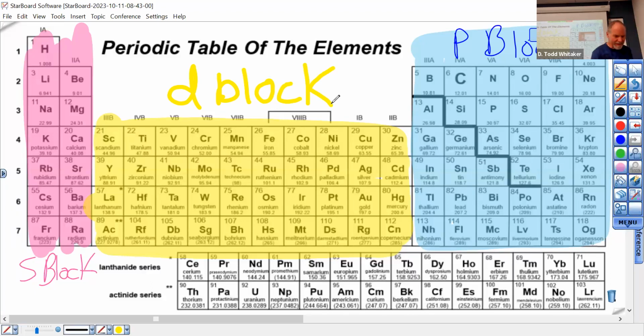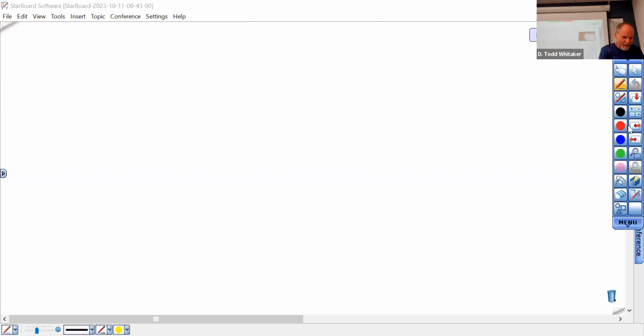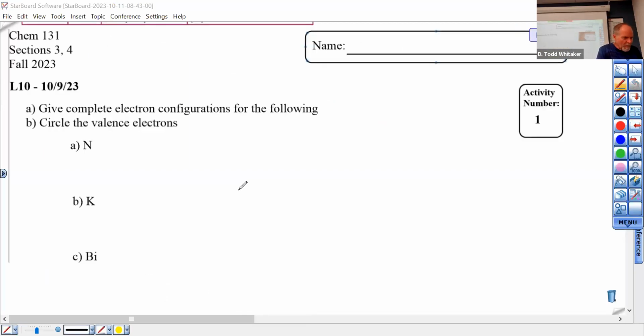Yeah, good enough. So let's try to use this as we go and do our first activity today. I think the fastest way is just go 1, 2, 3, 4. Getting a preview. We're supposed to give the complete electron configurations for the following and circle the valence electrons. We don't know how to do that yet.